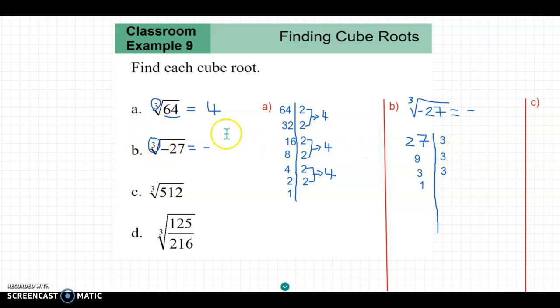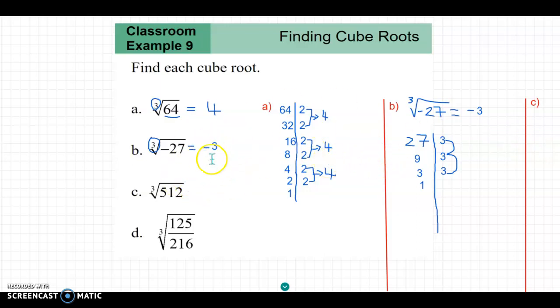So we can find immediately the cubic root of 27, because that will be 3 times 3 times 3. If you multiply 3 times 3 times 3, that will be 27. So the cubic root of minus 27, with the negative sign, will be minus 3. Because the same number multiplied 3 times gives 27.